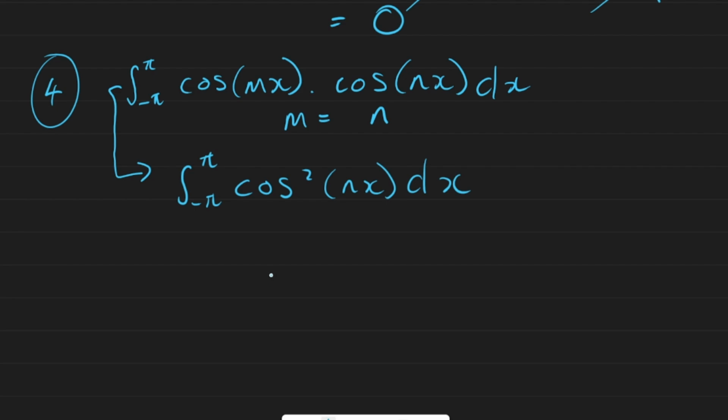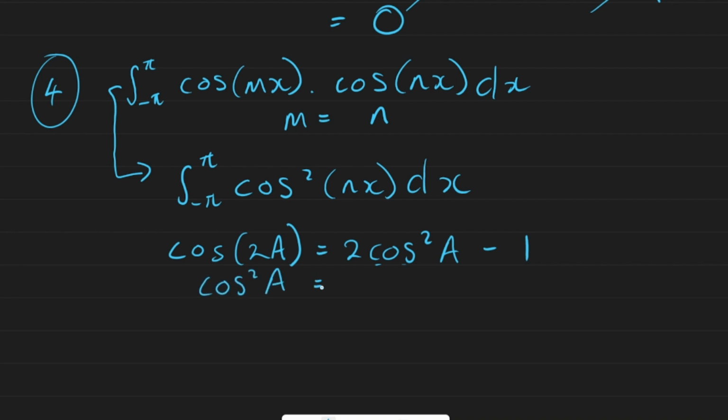So if we want to evaluate this integral, then we need to use an identity. And that identity is that cos of 2a is equal to 2 cos squared a minus 1. So we just solve for cos squared here. If we do that, we get that cos squared a is equal to half cos 2a plus a half.